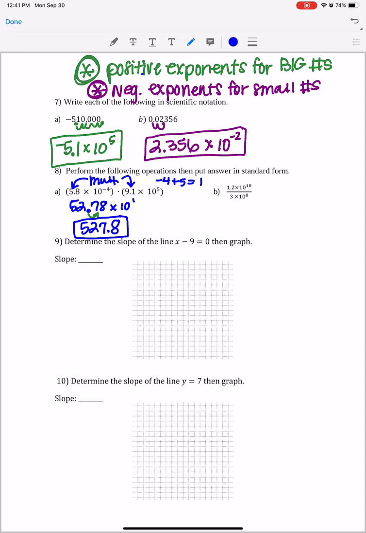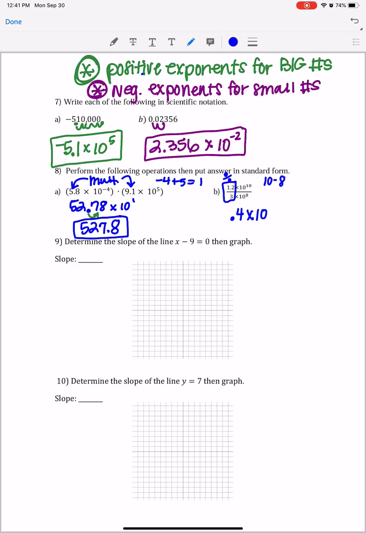Okay, same thing here. 1.2 divided by 3. Okay, divide those. We get 0.4 times 10 to the, when I divide exponents, we're subtracting.